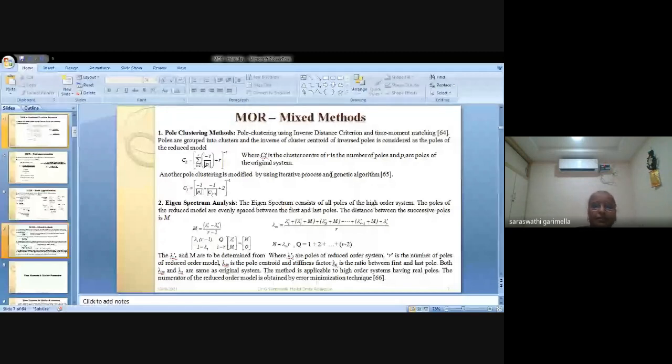And from IIT Roorkee, they have done eigenspectrum analysis. In eigenspectrum analysis, he defined a zone, the eigenspectrum zone. Even I also used it.